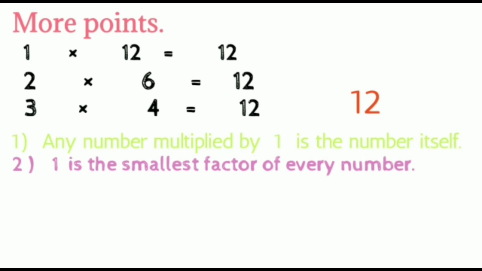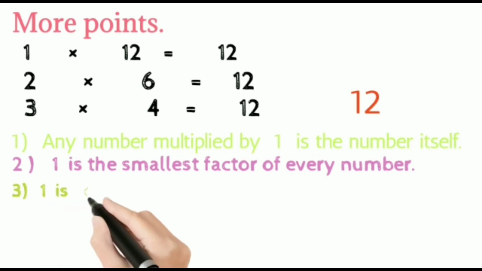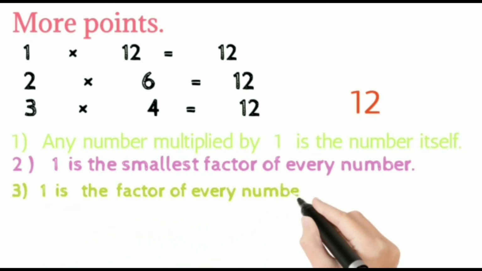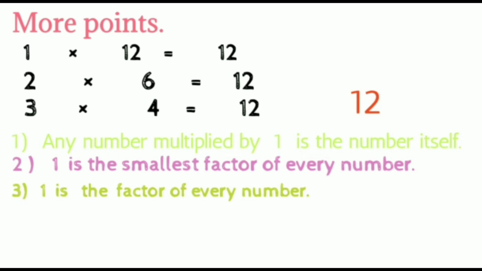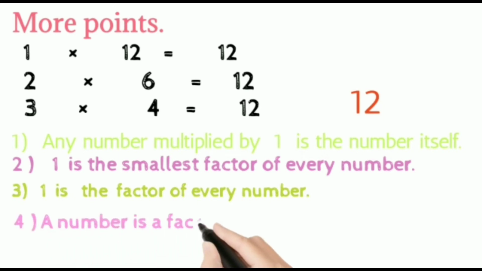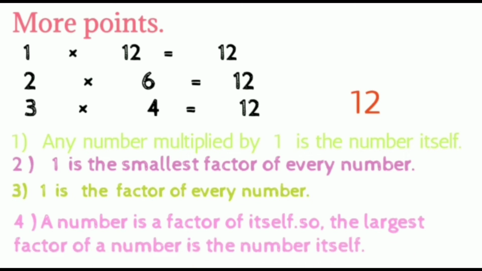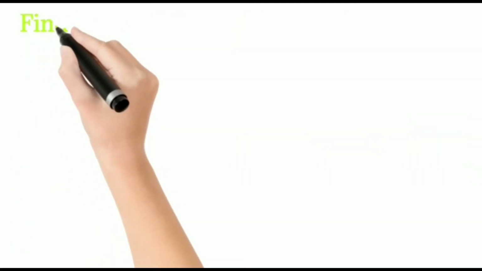Rule number 3: 1 is a factor of every number. Rule number 4: a number is a factor of itself, so the largest factor of a number is the number itself. If we go by the rules, we can understand smallest factor 1, largest factor 12.